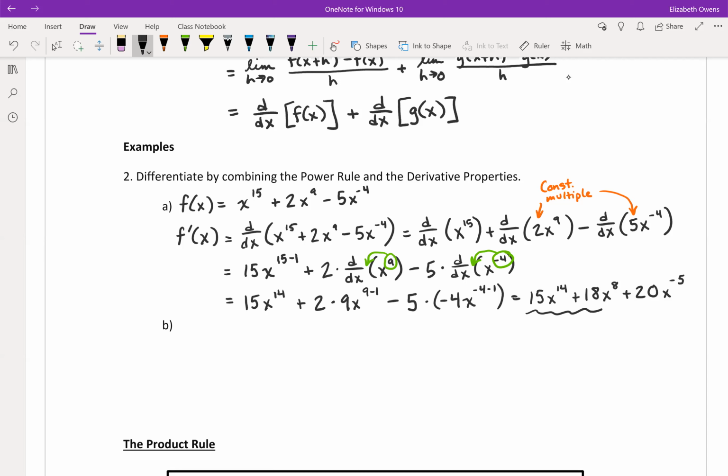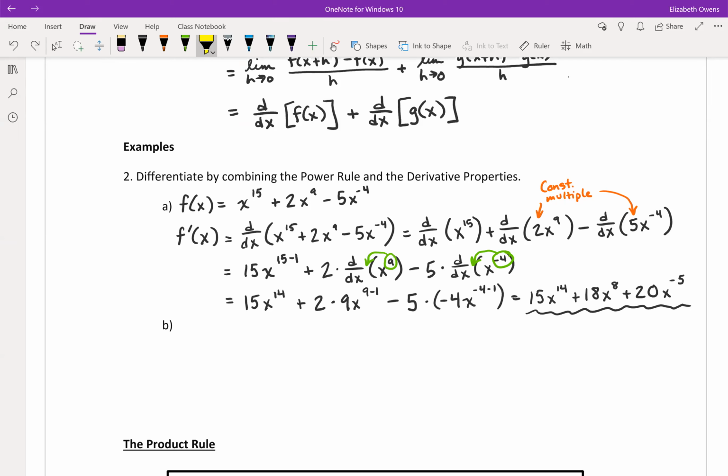And that is the derivative of this function right here. There's f of x highlighted, and now this is f prime of x, the derivative. So wasn't that so much faster and nicer than the limit definition? These rules are pretty awesome.